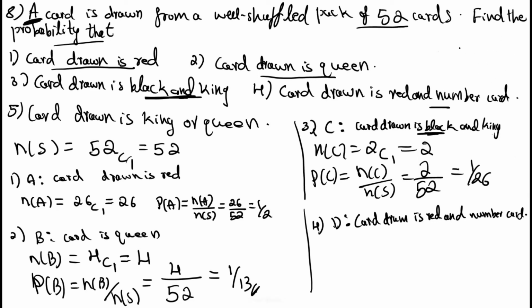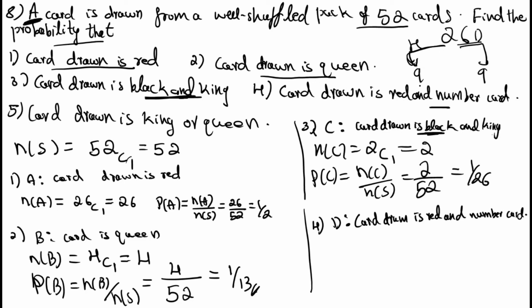So the first condition is card drawn is red. How many red cards are there? 26 red cards are there. In that, in a diamond, how many number cards? 9. And in heart, 9, right? Others are face cards and 1 ace. So 26 red cards are there, that is heart and diamond.